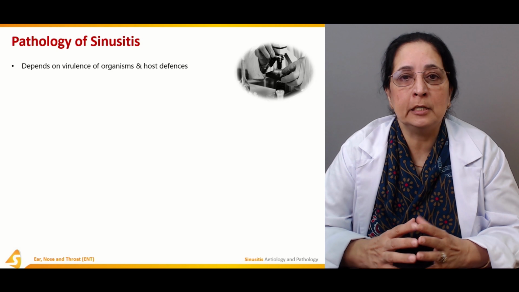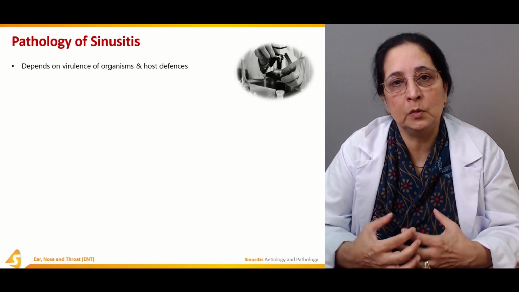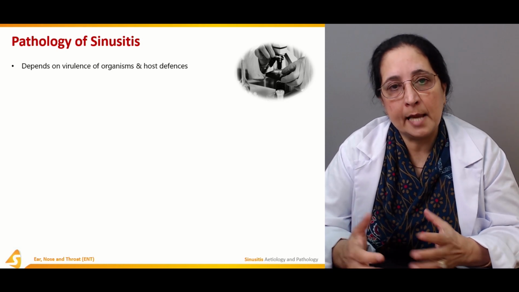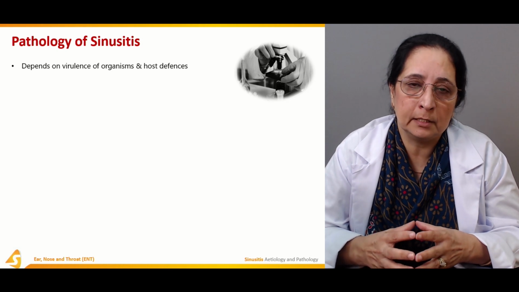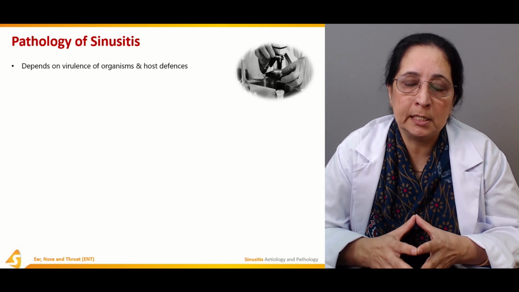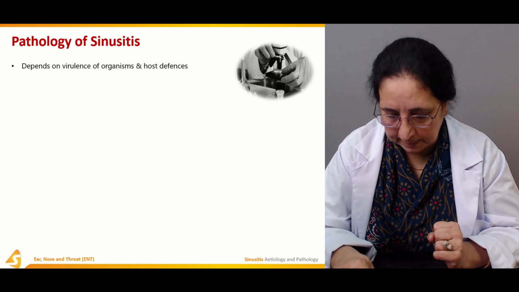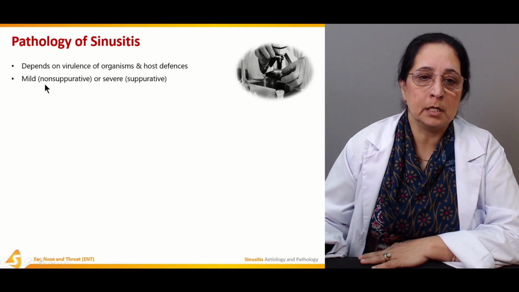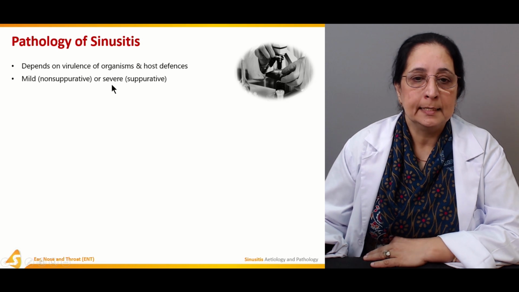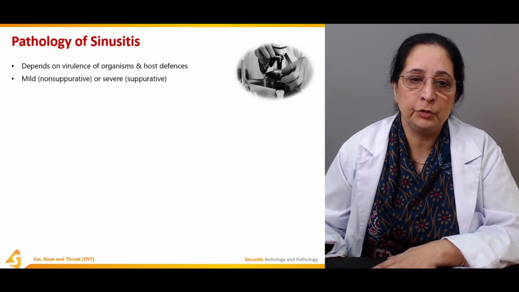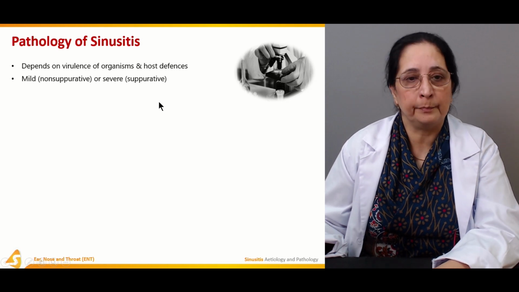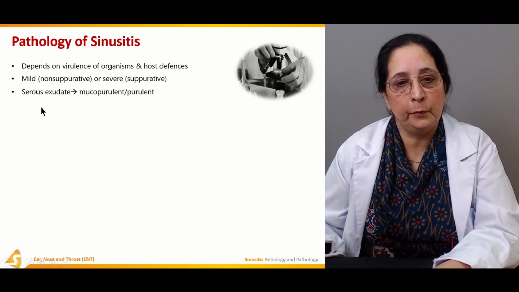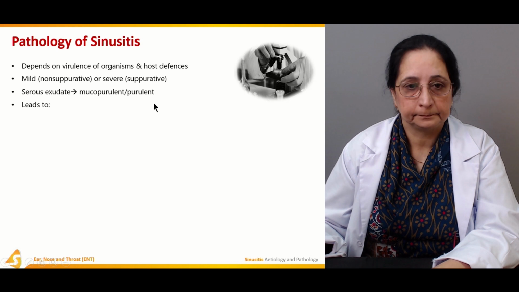If the organism is more virulent and the person's immune system is weak, usually the infection is more severe, as compared to when the organism is not as virulent and the immune system is strong, then the infection is less severe. Mild is usually non-suppurative, no pus present. Severe infections are usually suppurative with the formation of pus. Serous exudate is present, which might be mucopurulent or purulent.